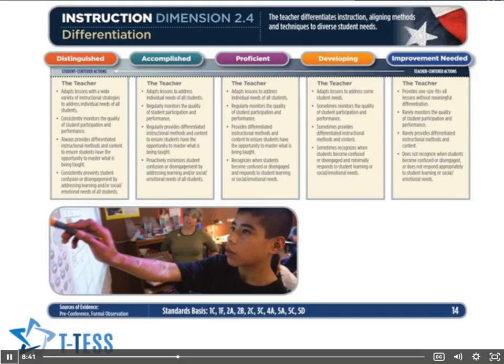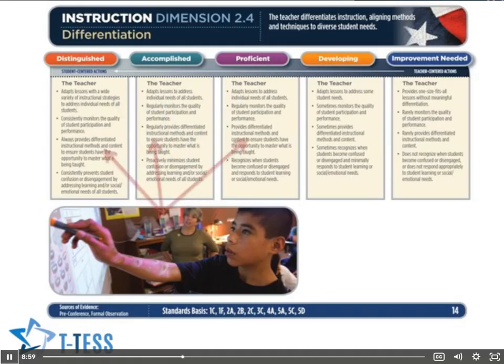For the first continuum of descriptors, lessons are flexible and dynamic. They are adjusted based on individual student needs and targeted groups of students. The strategy should focus on addressing student-specific strengths and needs, creating student-centered learning.